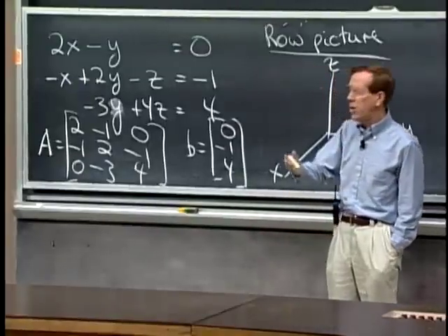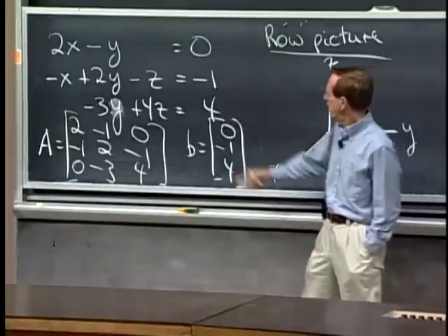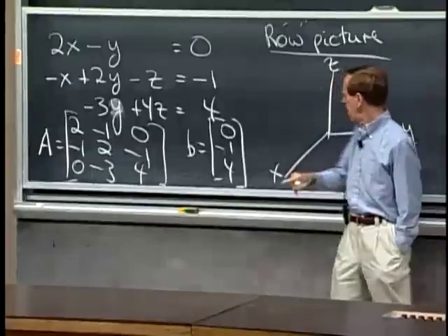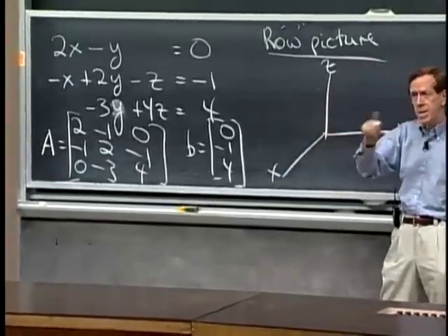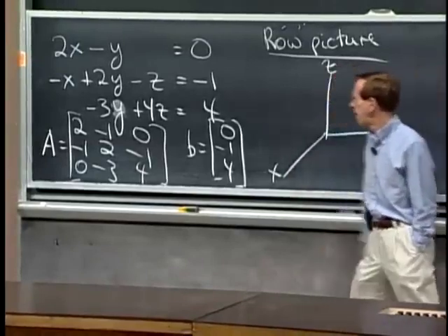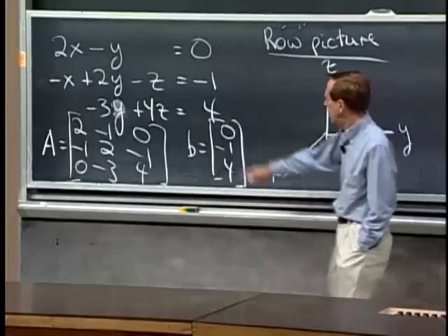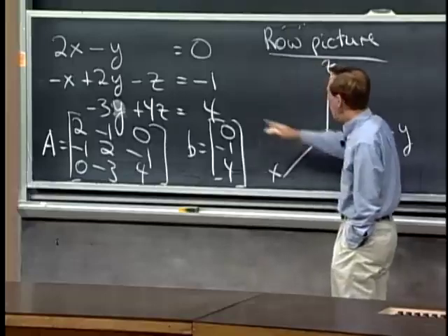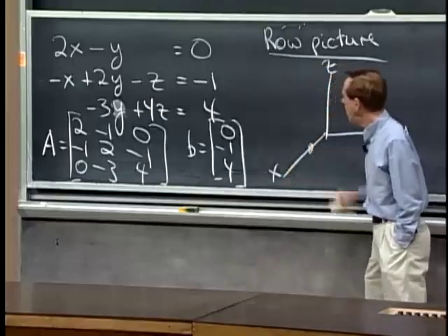If I make a picture of all the x, y, z points that solve this equation, well, first of all, the origin is not one of them. X, y, z being 0, 0, 0 would not solve that equation. So what are some points that do solve the equation? Let's see, maybe if x is 1, y and z could be 0. That would work, right? So there's 1 point.